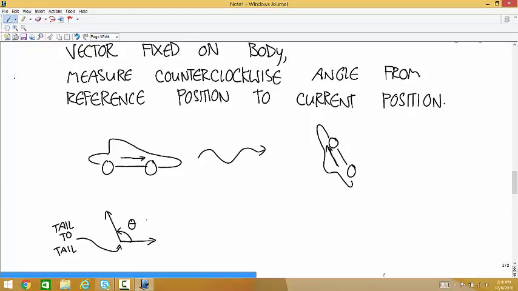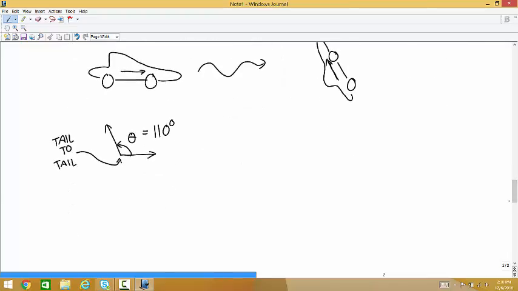That's your theta. And that's equal to, let's say that's 110 degrees. But we want it in radians, so we have to do that conversion.